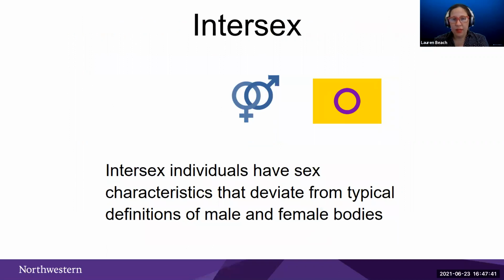So going now into some different identity terms. Some of these were included in that HRC reading that you saw with the terminology. I'm just going to have some quick notes here, and you can read through that as well. Intersex individuals have sex characteristics that deviate from typical definitions of male and or female bodies. What you're seeing here is a graphic of the intersex pride flag.